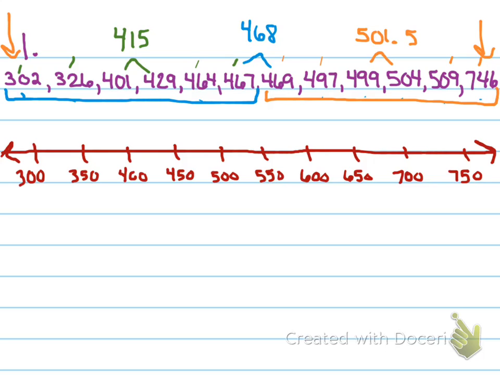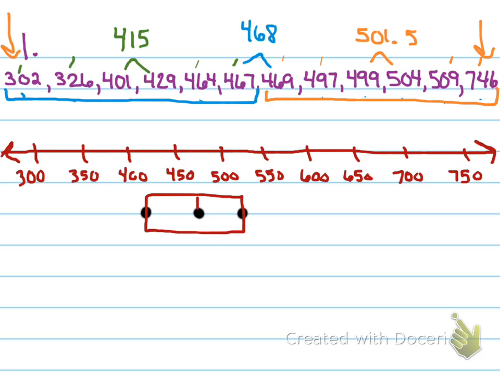Okay, so go ahead and plot your quartiles. One quartile I plot at 468, so just above 450. Another quartile I'm plotting at 415. Another quartile I'm plotting at 501. And remember, with your quartiles, the lines need to go through your upper and lower quartiles.